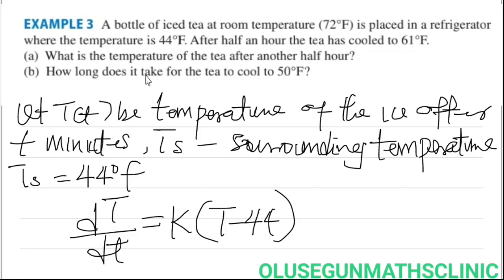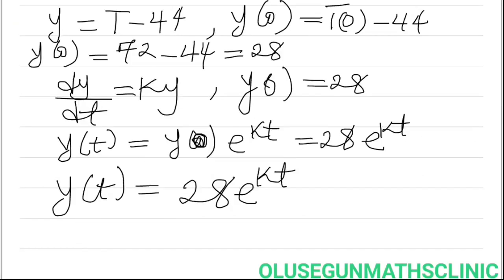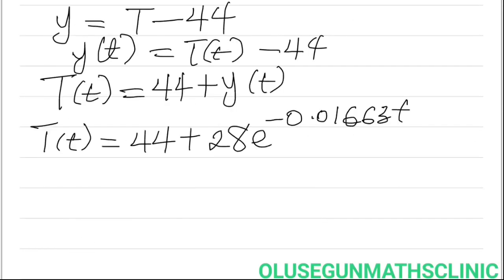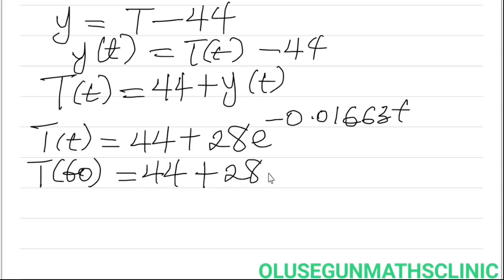He now proceeds to say, what is the temperature of the tea after another half hour? For another half hour, meaning that T of 60, because you had 30 plus 30, will now give us 44 plus 28 exponential minus 0.01663 times 60.